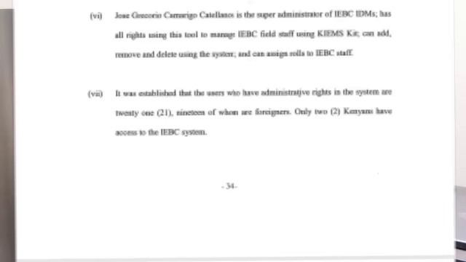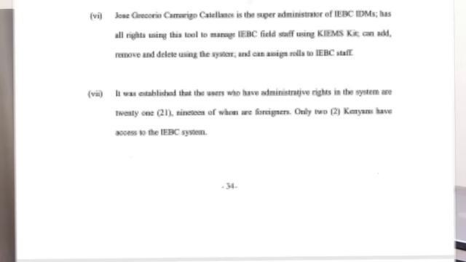Let's dig deep, ladies and gentlemen. If you go through the petition by Raila's team at the Supreme Court of Kenya, it says this: Jose Gregorio Camargo Castellanos is the super administrator of IEBC IDMs, has all rights using this tool to manage IEBC field staff using KIMS kits, can add, remove, and delete using the system, and can assign roles to IEBC staff.